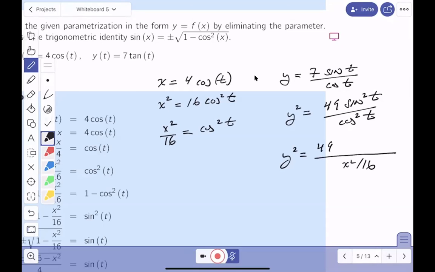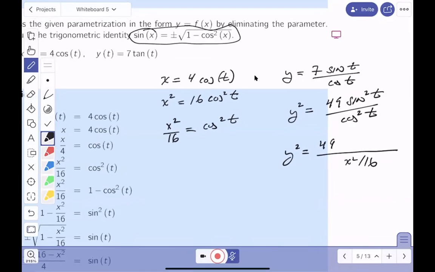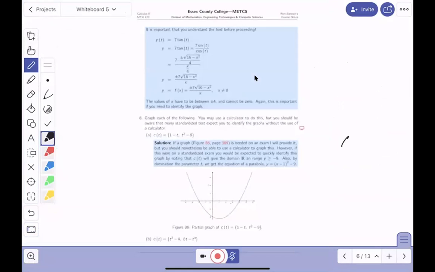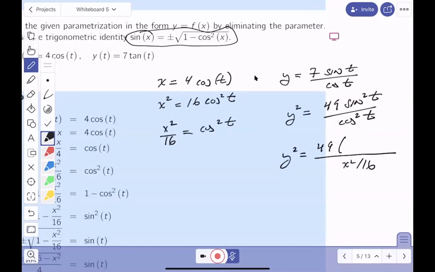All right. Then I got this sine squared business. And I noticed I wrote something over here that might be helpful for me. All right. So let me write that down. And what's it going to be? Well, this may be helpful, but sine squared is actually really 1 minus cosine squared. So that's going to be x squared over 16.